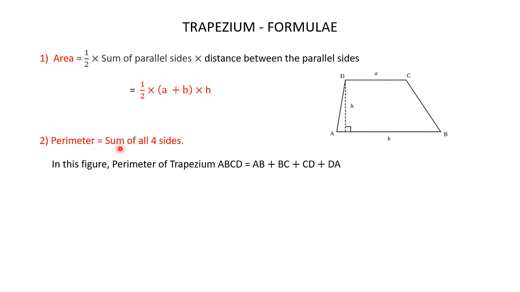Perimeter is nothing but the sum of all the four sides. In this figure, the perimeter of the trapezium ABCD is equal to AB plus BC plus CD plus DA. Remember these two formulae to solve problems on trapezium.